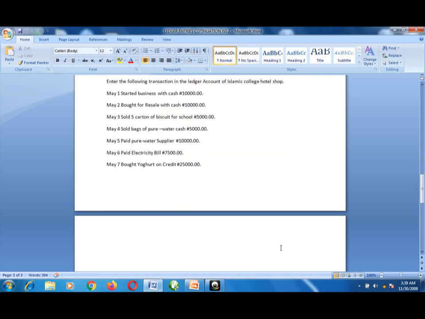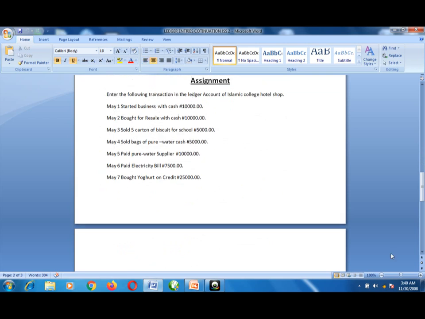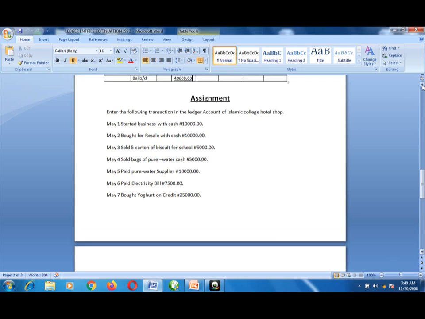So you can go through all those examples so that you'll be able to solve this assignment question. You have to enter this account into the college shop, Islamic college hostel shop account. They started their business with 10,000 naira.